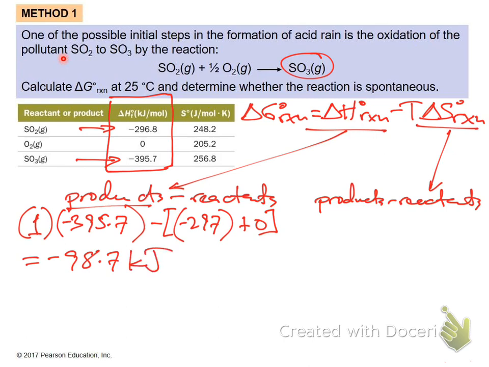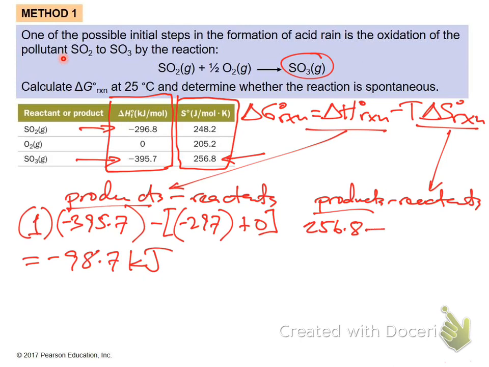And we'll do the same thing for delta S of reaction. We have products, so we'll use this information. For sulfur trioxide, we have 256.8. And then we're going to subtract the reactants here.